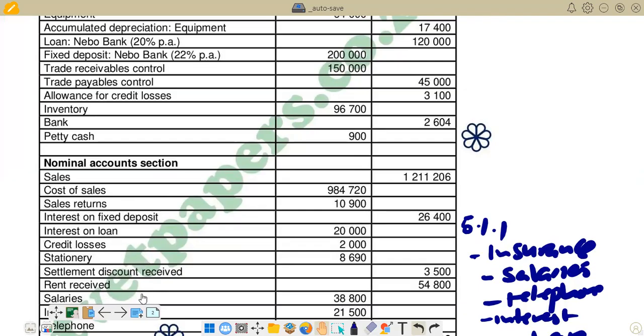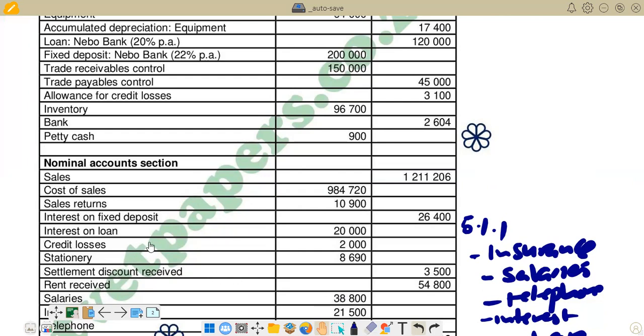For example, we have salaries, 30,800, which represents the amount that was paid, but not the amount for the period. That's why we adjust for any prepayments and accruals that will be taking place.